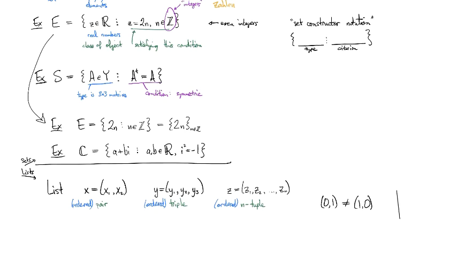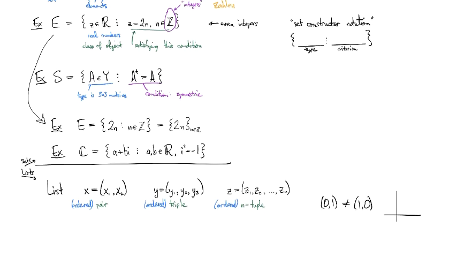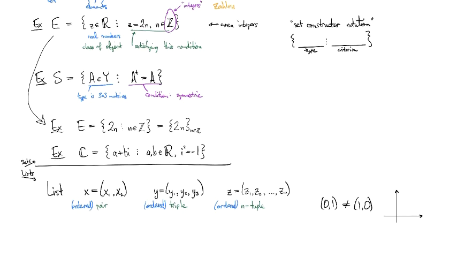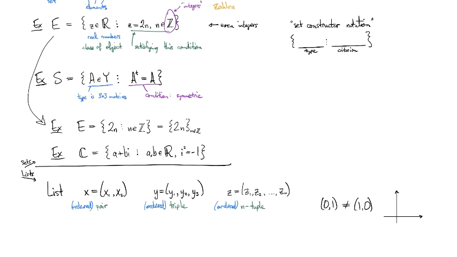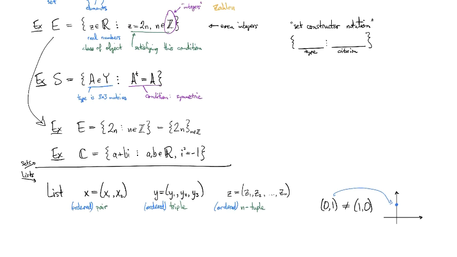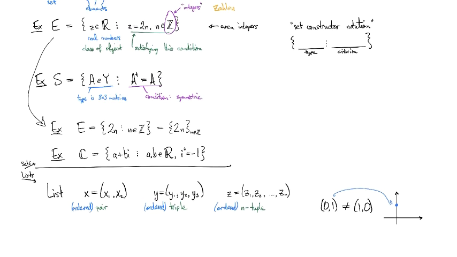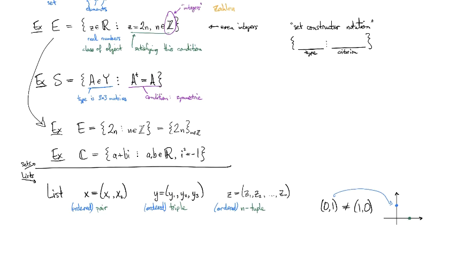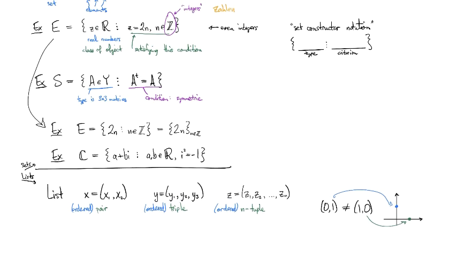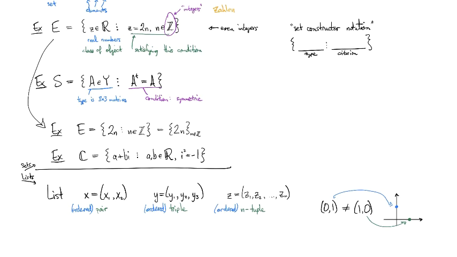And you know that this is true in the context where these lists represent vectors, because one of them is a point over here, and the other is a point over here, and these are different, right?